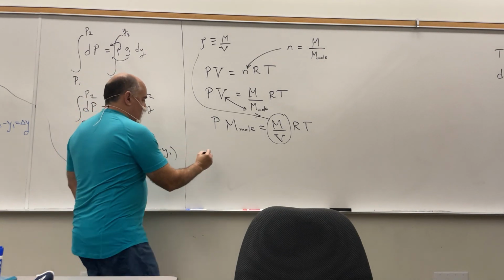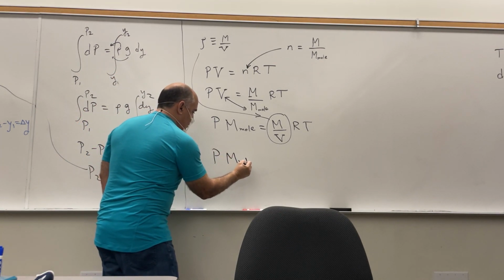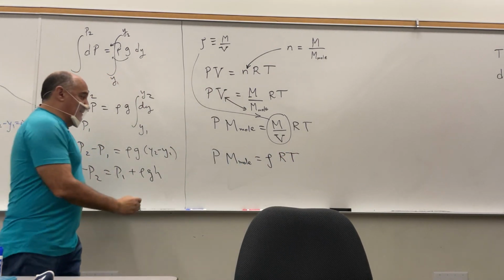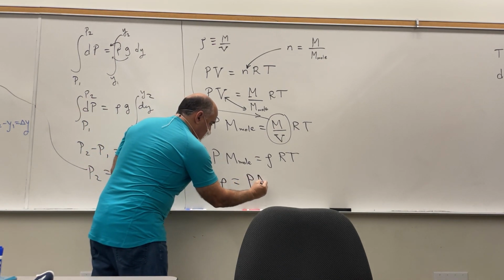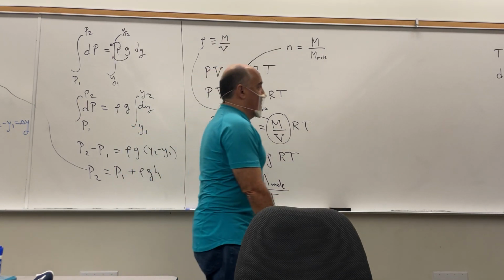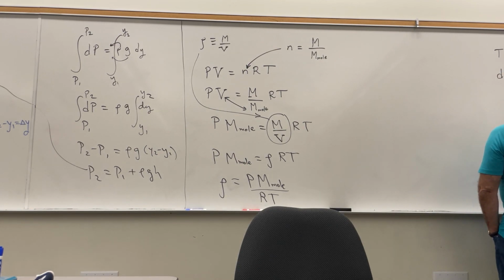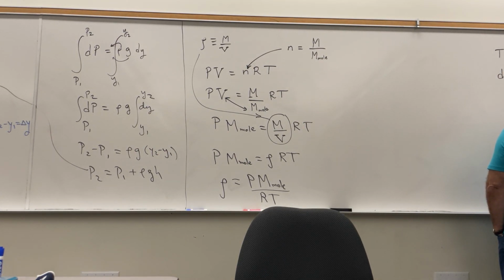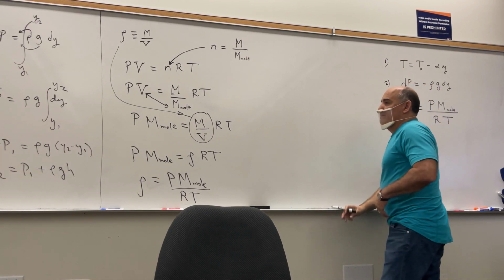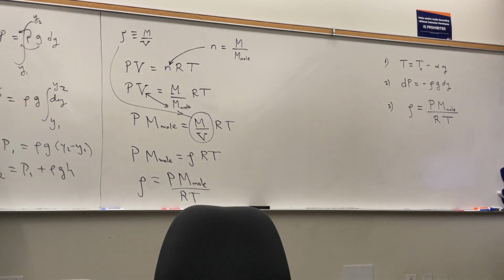So the pressure multiplied by the mass of a mole is equal to the density times R times T. Which means that the density is the pressure multiplied by the mass of a mole of the gas divided by R times T. So I have that expression here. So I have three relationships, 1, 2, 3. And I want to manipulate those to figure out what the pressure is at a specific height above ground level.